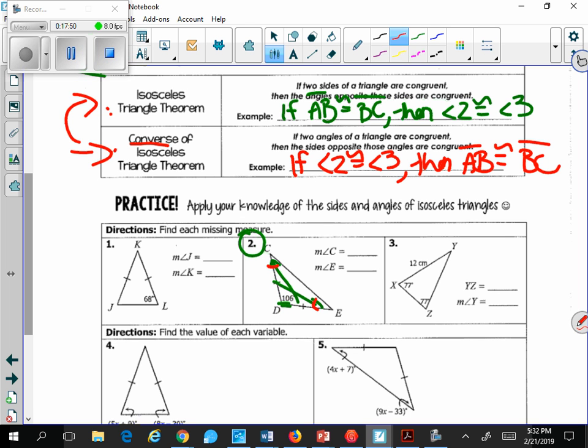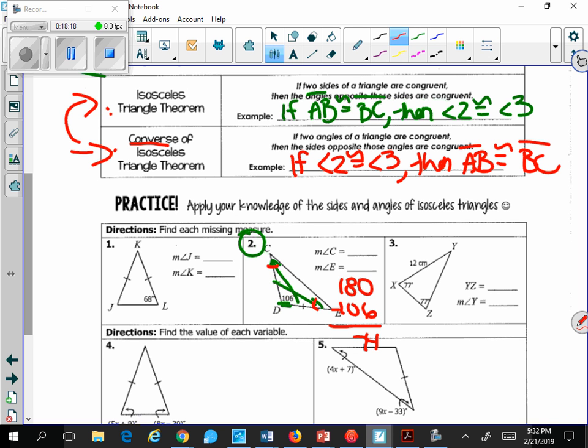What that means for me in trying to find what angle C and what angle E are is that I know there's 180 degrees in a triangle. That's something that we know. I know that 106 of those degrees are taken up by that vertex angle. And the third thing I know is that C and E are equal to each other.